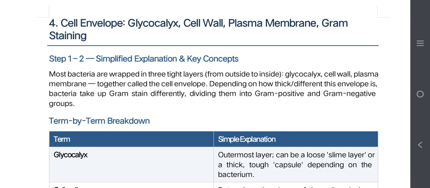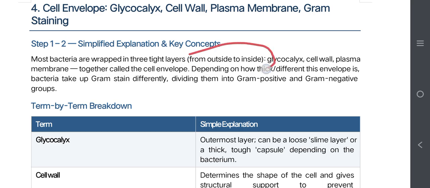Most bacteria are wrapped with three thin layers from outside to inside: glycocalyx, cell wall, plasma membrane.